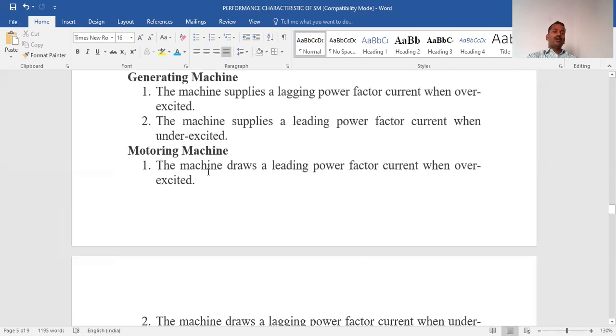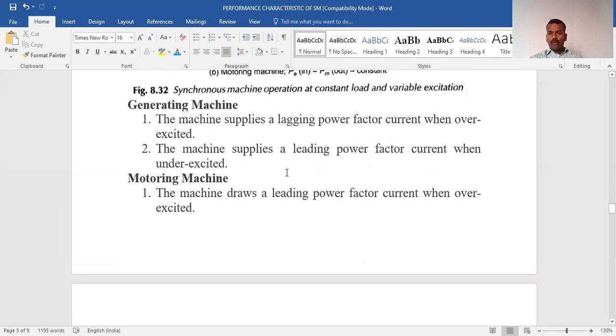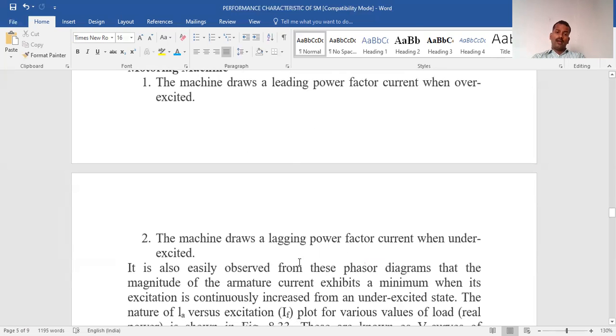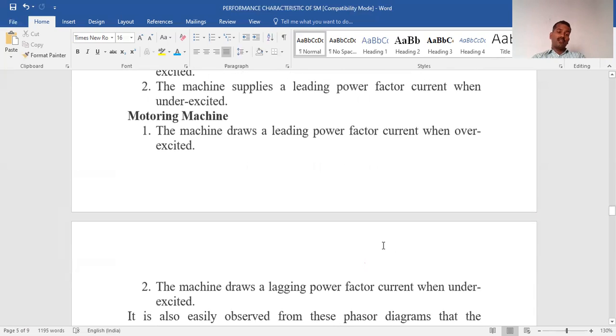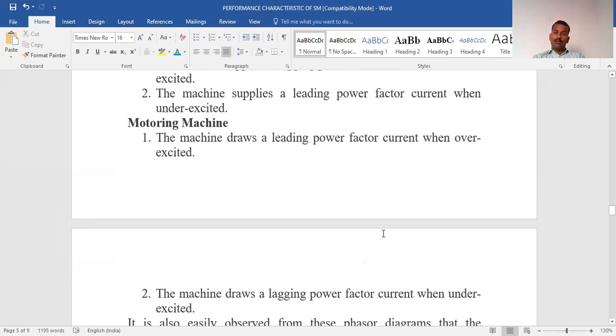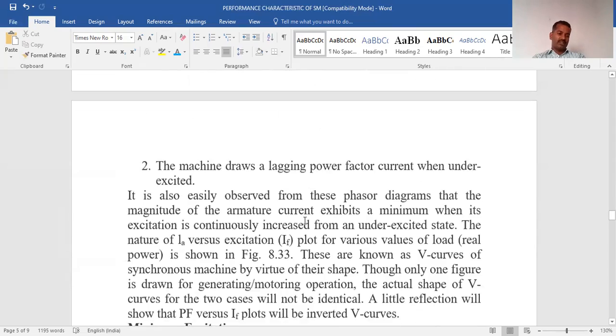Similarly, in motoring mode, you can call the weaker. In case of motoring mode, over excitation it will be leading. It will work in leading mode, and under excitation it will work in lagging mode, in case of motoring mode of the synchronous machine.